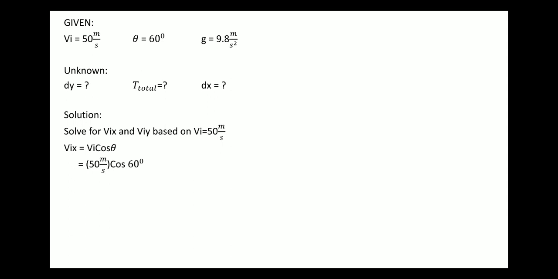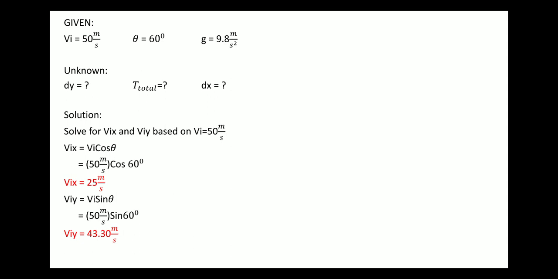You can use a scientific calculator. So Vix is equal to 25 meters per second. For Viy, Vi times sine theta: 50 meters per second times sine 60, so Viy is equal to 43.30 meters per second.